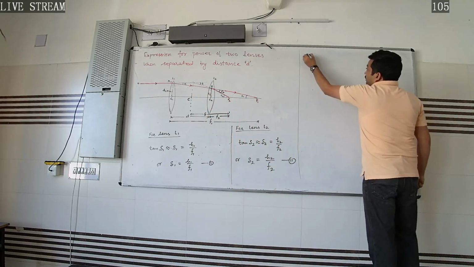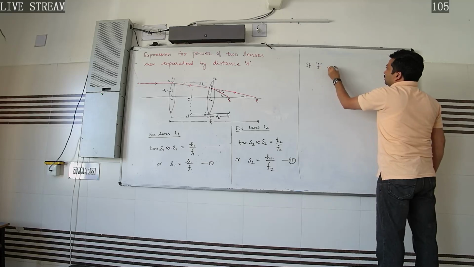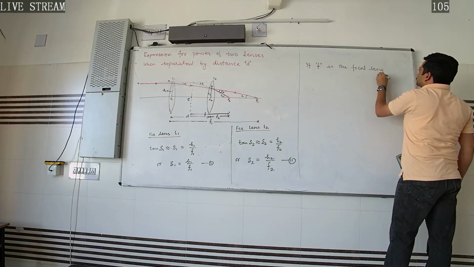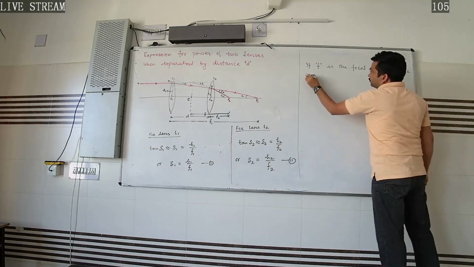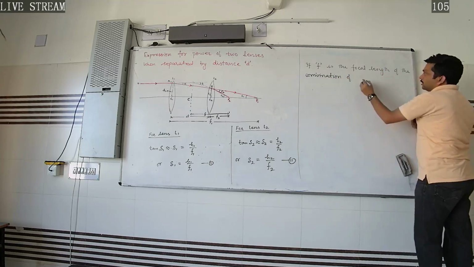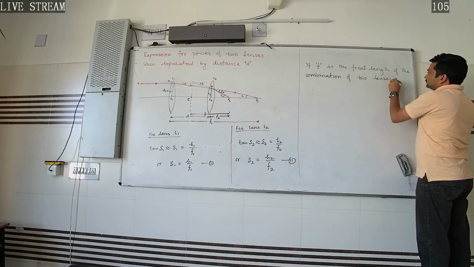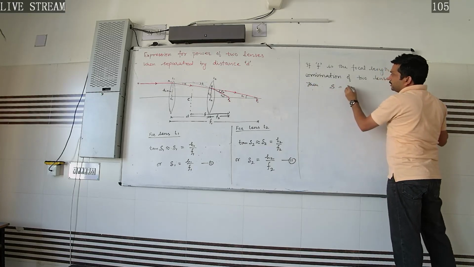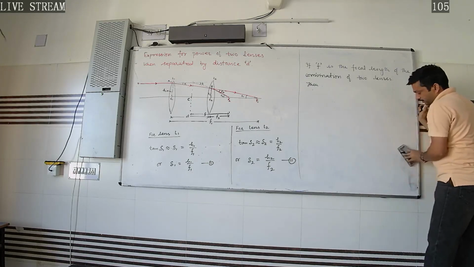So here I am writing, if f is the focal length of the combination of two lenses, then net deviation delta will be equal to delta 1 plus delta 2, or we write it further.